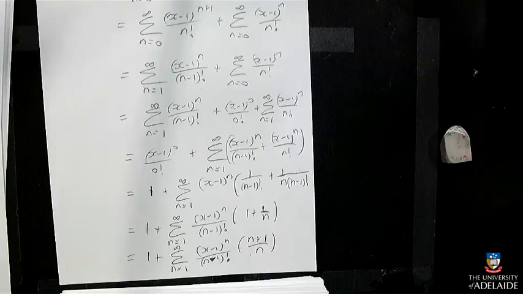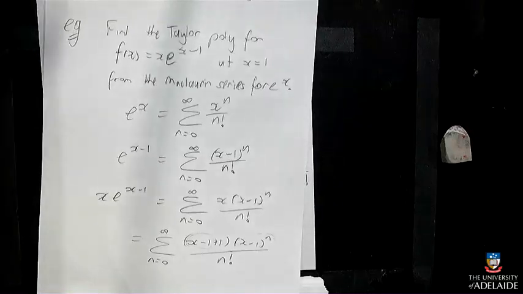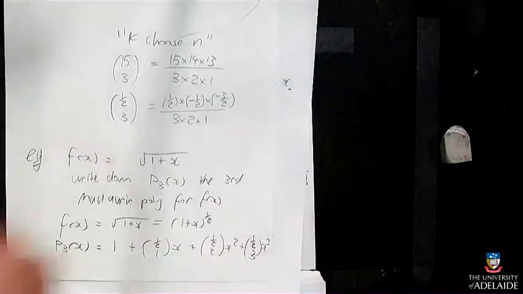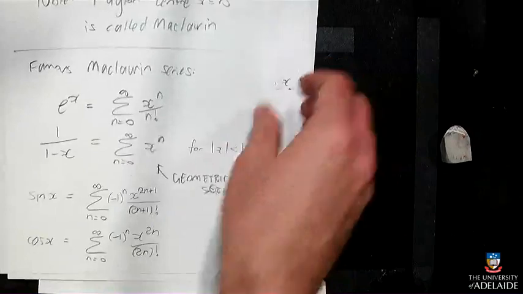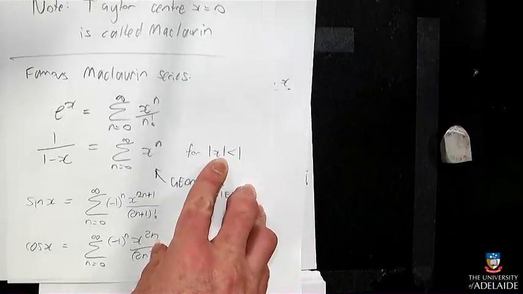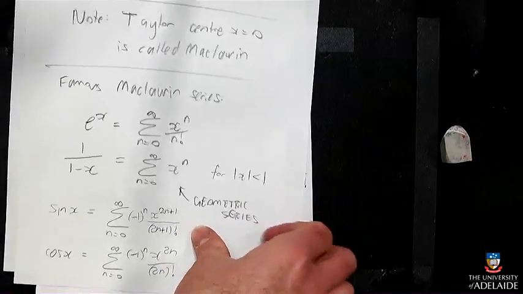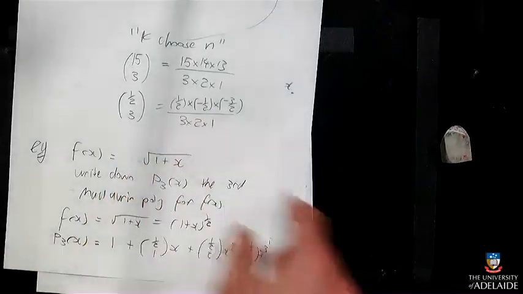So here's the question. What about convergence? Some of these only work for some x's. So this one here only worked when x was less than 1. And actually, this one here also only works when x is less than 1.